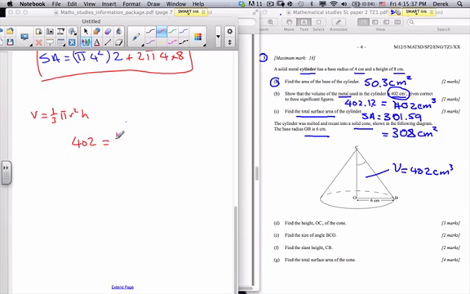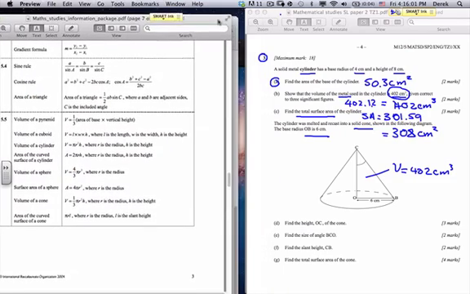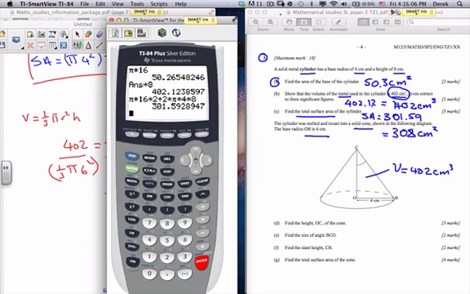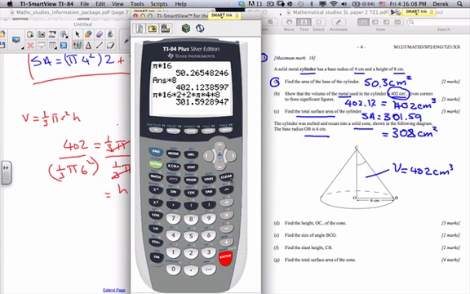So that's equal to 1/3 pi, but now my radius is 6, so it's going to be 6 squared times the height. So I'm going to divide both sides by 1/3 pi 6 squared. That obviously cancels that, and I'll get my height. So getting my calculator out here again, let's put that into the calculator.